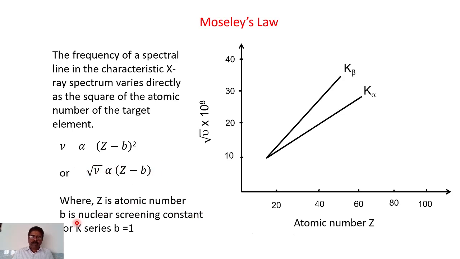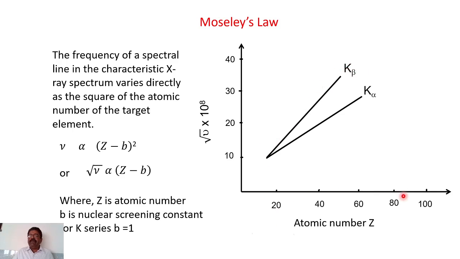Z is the atomic number, b is a nuclear screening constant, and if you consider the first shell, K equal to 1 or K series X-ray photon, then for that this constant b is equal to 1. So this graph, Moseley's plot, you can see here. For example, a typical X-ray photon in K series, that is K alpha, and another typical X-ray from K series, that is K beta, are plotted.